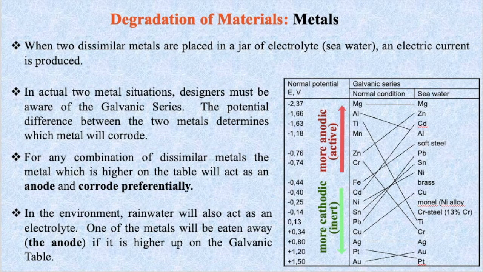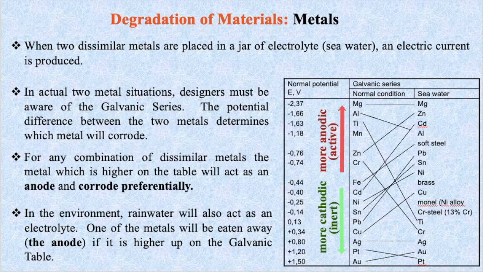And between the two, the most anodic one will be the one that corrodes, the one with the highest negative charge. Number three, these two metals have to be in contact. And finally, there has to be an electrolyte, and an electrolyte is made up of a combination of moisture and salty ions.